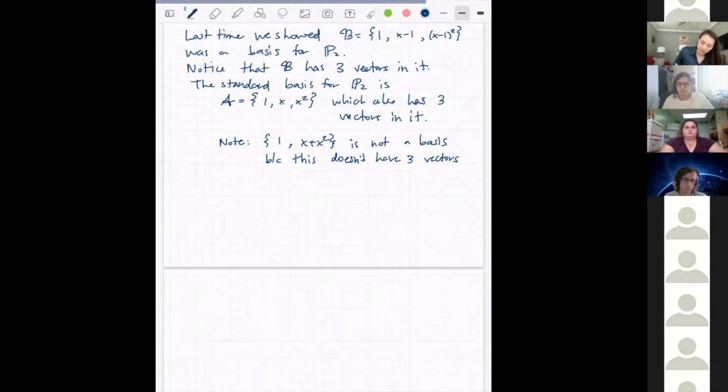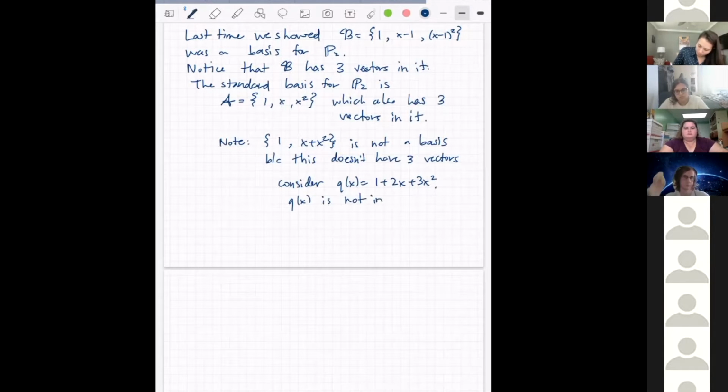So if we look at the polynomial, let's say Q equals 1 plus 2x plus 3x squared, this is not in the span of this.